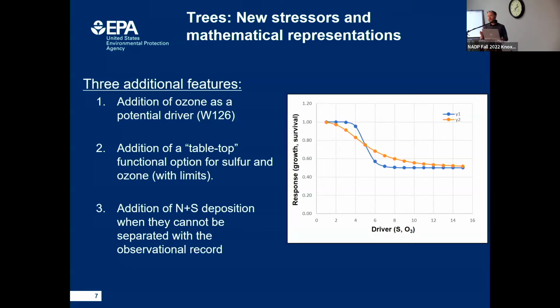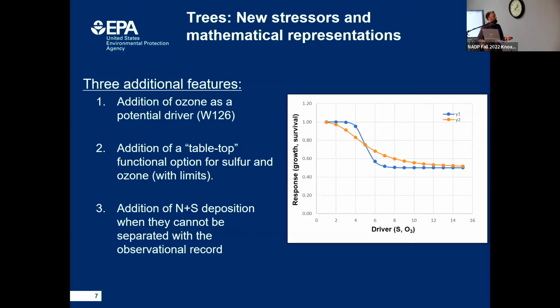What that ends up doing is it pushes the critical load to the minimum deposition. Hindsight's 20/20, but in this new regeneration, we added the possibility for a tabletop function, which is shown here in blue, and the old formulation is shown in orange. So now we have for sulfur and ozone the possibility of a flat portion that then falls off.